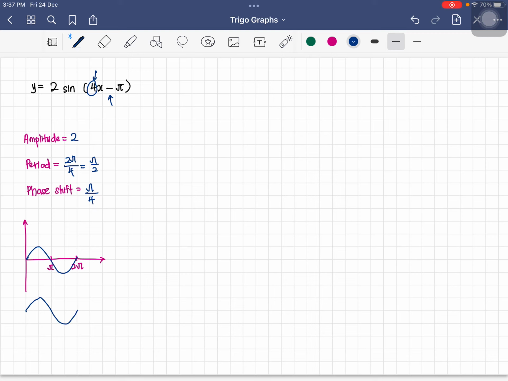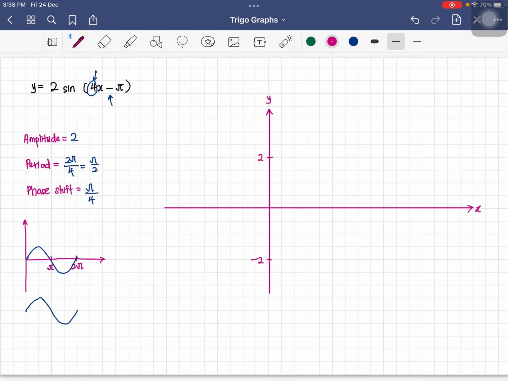Now, this one is y and this one is x, and please take note that my amplitude is actually a positive 2, so this one is negative 2.